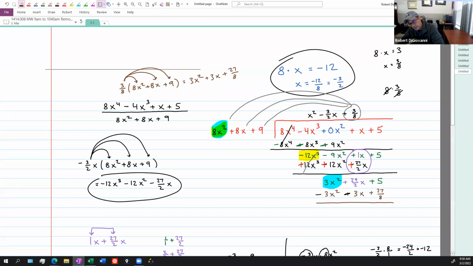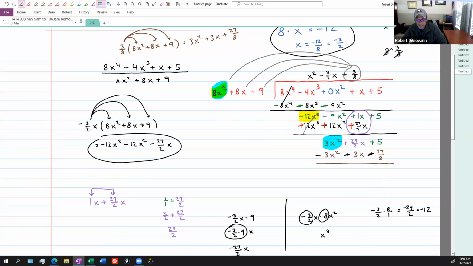Minus, minus, minus. The x squareds cancel. This is going to be the last step because now that the x squareds are gone, when I add these down, I'm going to have an x term and a number by itself. And I won't be able to turn 8x squared into this because it'll be less than x squared. It'll be just x. So this is going to be my remainder, but I've got to figure out what it is.